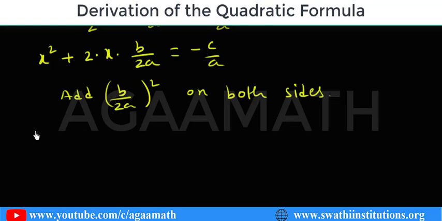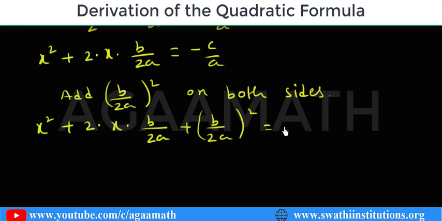So x square plus 2 into x into b by 2a plus b by 2a whole square equals minus c by a plus b by 2a whole square.